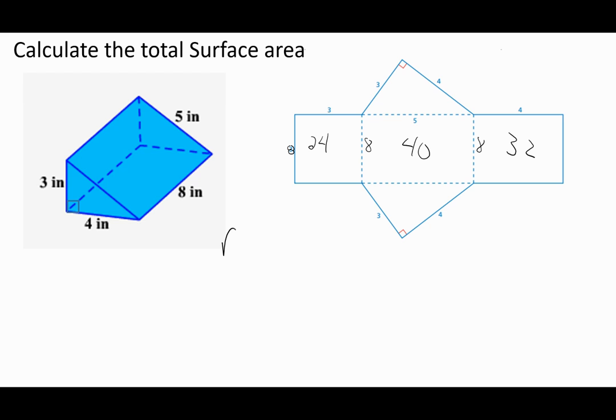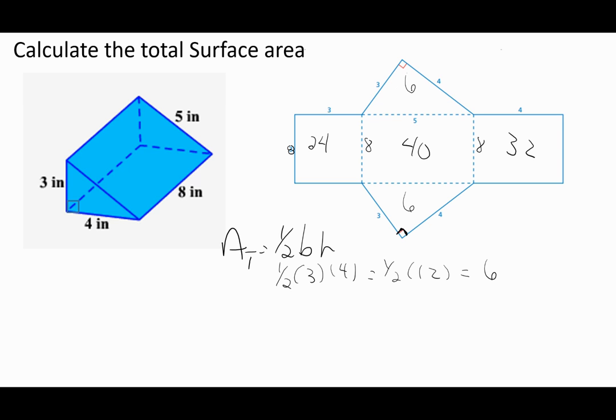Our triangles, the area of our triangles is 1/2 the base times the height. Remember, this right angle symbol connects our 2 things that we need to multiply together. So the area of our triangle on the bottom is 1/2 and then 3 times 4, which gives us 1/2 of 12, which gives us 6. So this is 6.